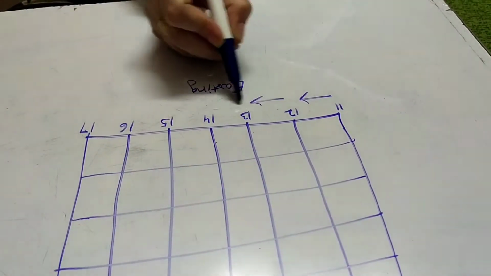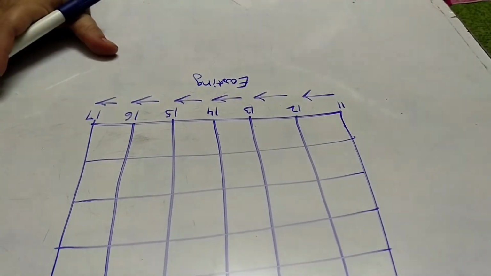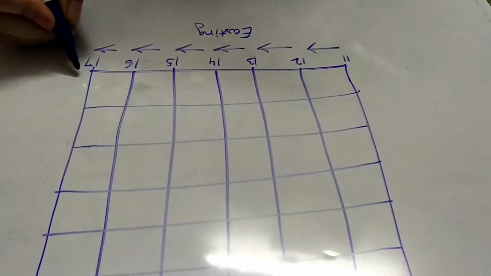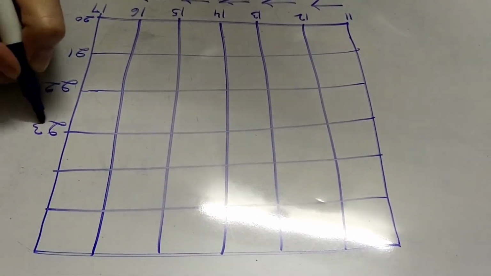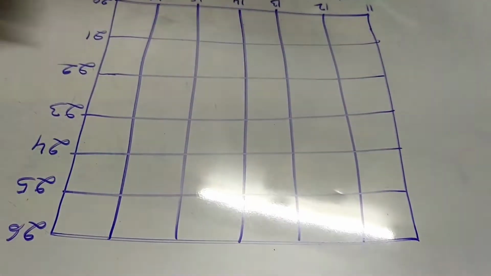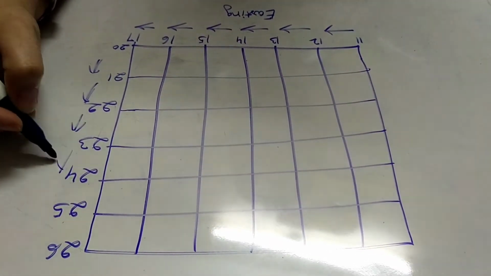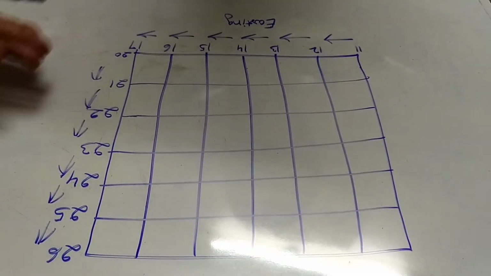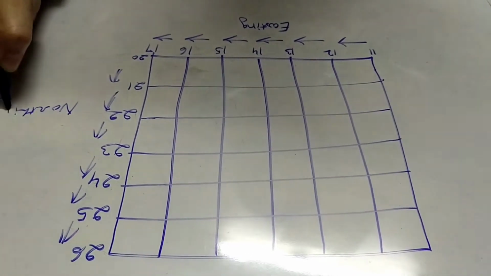Because their number is going on increasing as they move toward the eastern side. So that is why these are called easting. Now 20, 21, 22, 23, 24, 25 and 26. Now you can see this horizontal line and their numbers are going on increasing when we move toward north. So these are called northing.